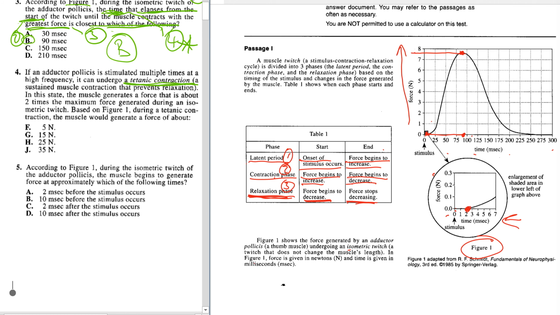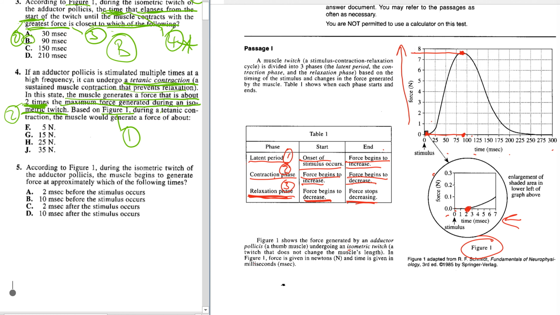So we'll do our steps. Based on figure 1. Right? A tetanic contraction, sustained muscle contraction that prevents relaxation. In this state, the muscle generates a force that is about 2 times the maximum force generated during an isometric twitch. And the isometric twitch is what figure 1 shows.